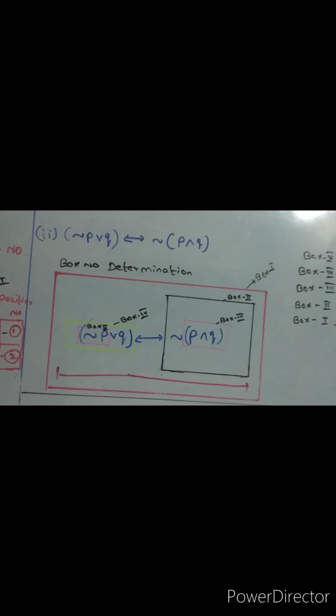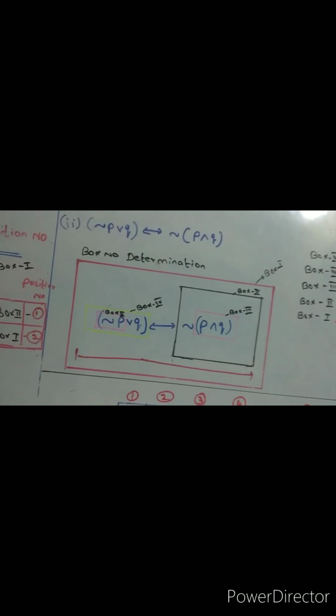Now we see problem number 2, box number determination. Here the red color box is the full equation, and the inside black color box up to here.